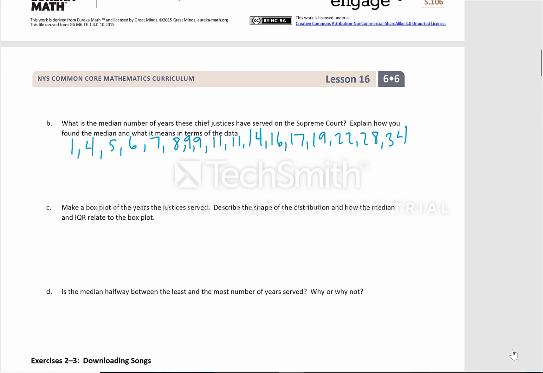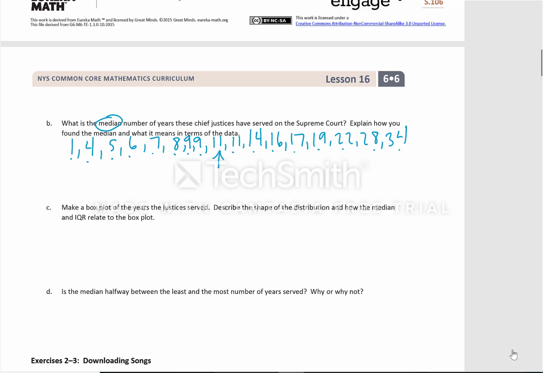So I finished putting them in order. So now I need to find the median, since that is what my question is asking me for. So I'm going to cancel off the ends. So 1 and 1, 2 and 2, 3 and 3 until I get to that middle number. And I see my middle number is 11 years.